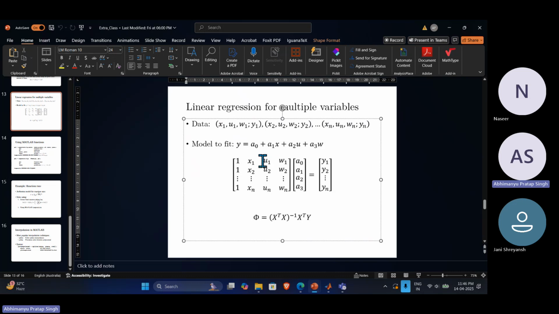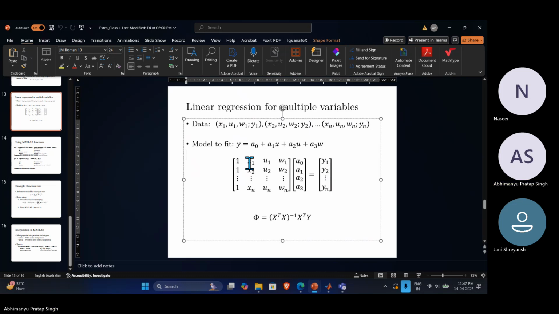That means this u1, u2, u3 becomes t1 square, t2 square, t3 square, like that. x1, x2, xn becomes t1, t2, and tn. One remains one. We don't have this third w variable, so this will not be here. And then this is only three variables, a0, a1, a2, and these are all the known points. Okay, so all the R values, experimental R values.